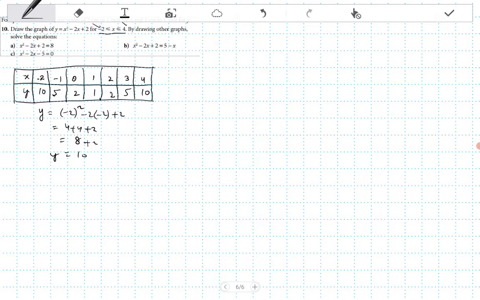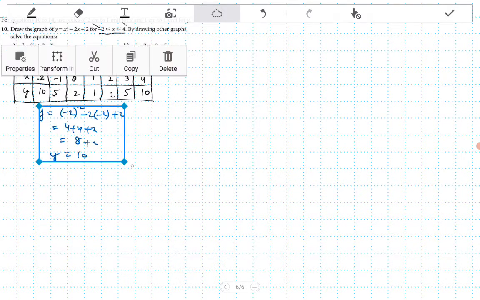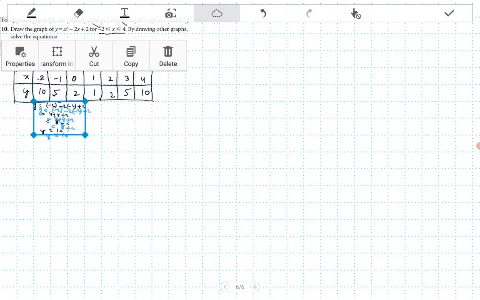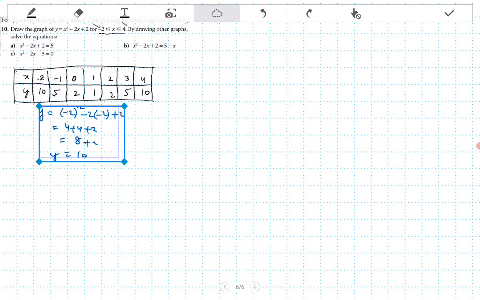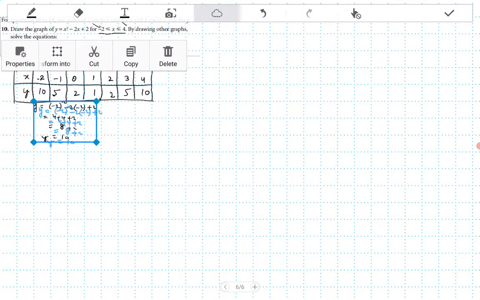Simply, your range of values of x will tell you where you should place your y-axis, and range of values of y will tell you the location of your x-axis.